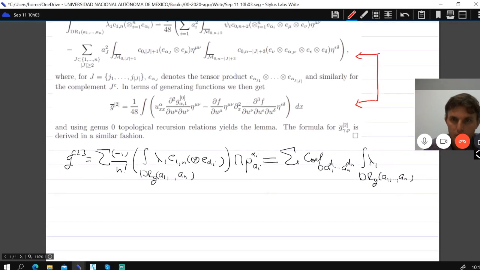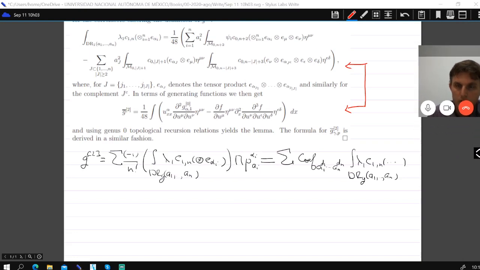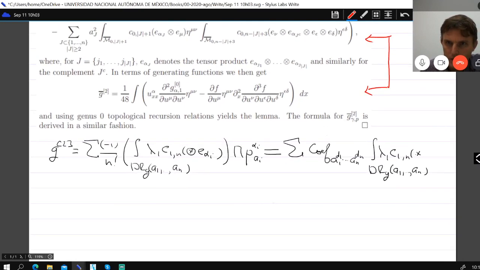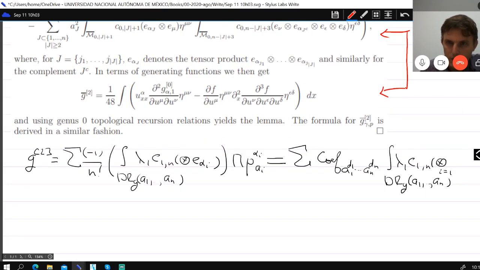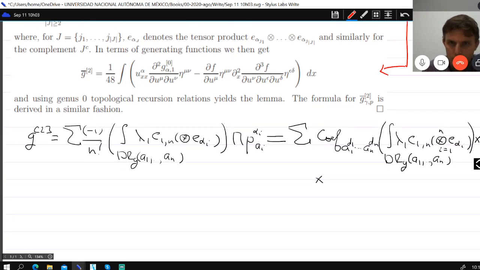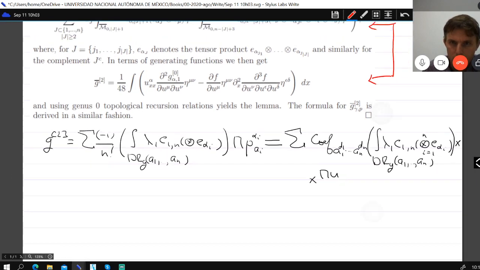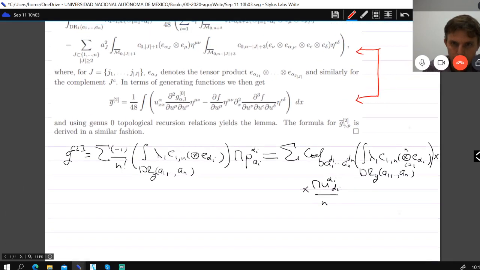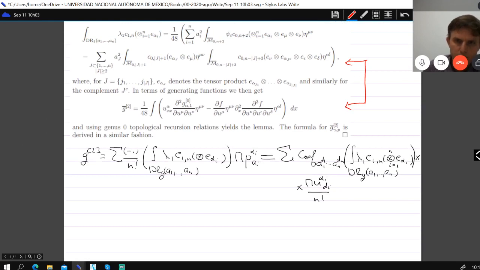Lambda 1 C1n, times the product u alpha I di, over factorial.